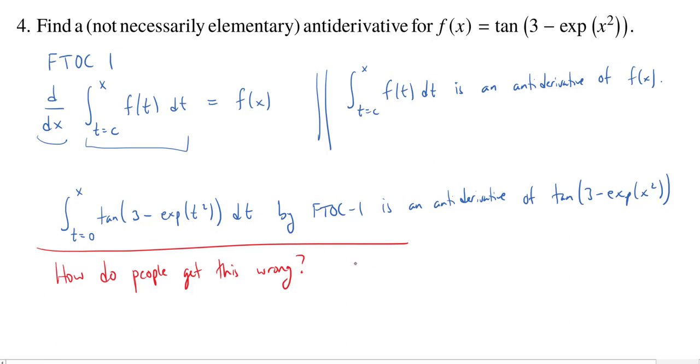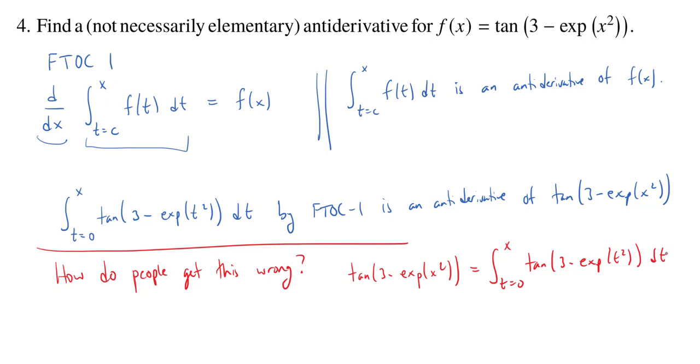They're going to write down tangent of 3 minus e to the x squared equals the integral from 0 to x of tangent of 3 minus e to the t squared dt. Now this is a very different statement. Up here we were saying that this integral is an antiderivative. Here we're using the equal sign. We're saying these two functions are equal.